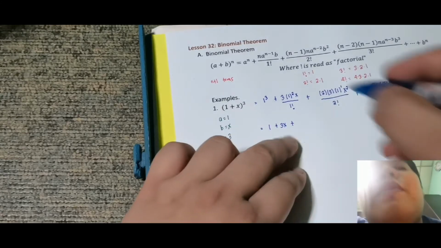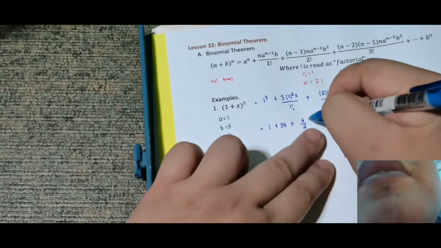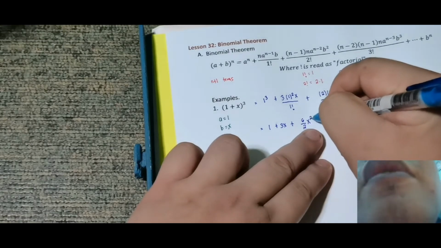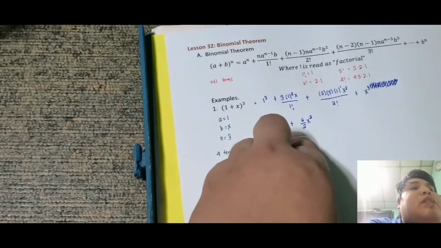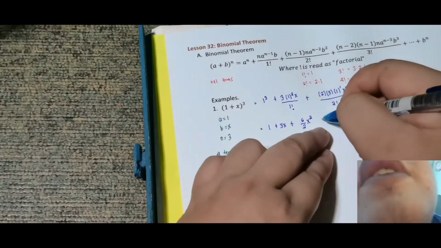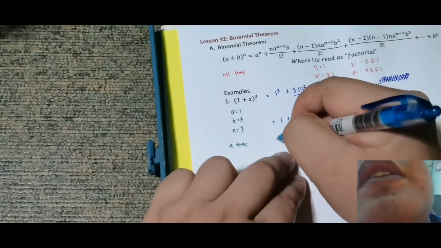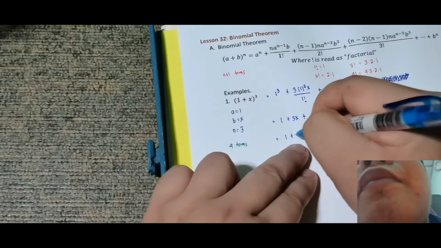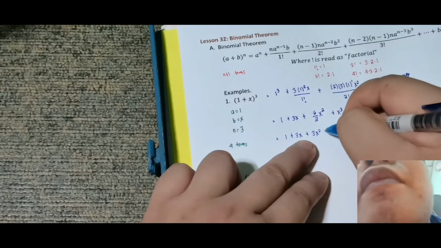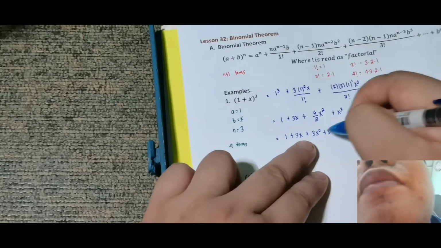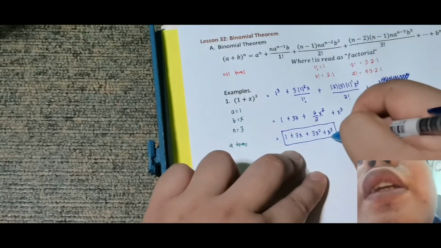So here, let me put 6 over 2 pa rin, with x raised to 2, because 2 times 3 times 1 is 6. 2 factorial is 2, then x squared. Then lastly, I put x cube. So this is equivalent to 1 plus 3x plus 3x squared plus x cube. We are expecting 4 terms, and that is the answer.